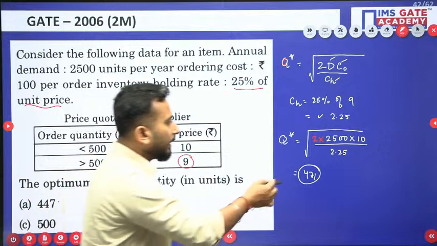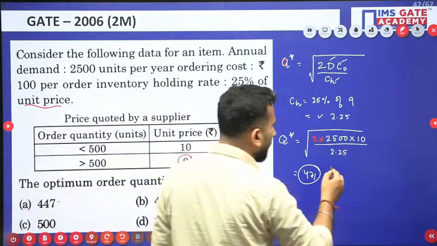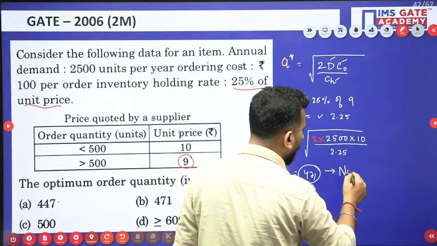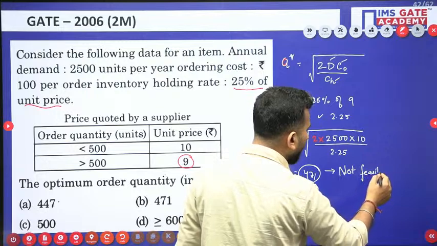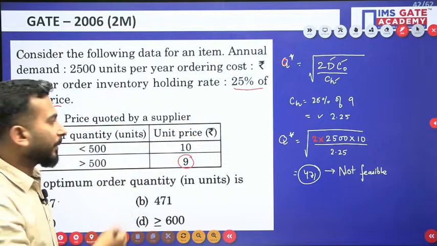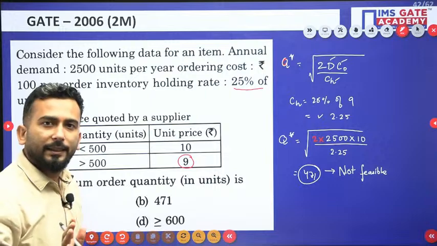So what you have to do? You have to move up. This is not feasible. So you will move to the upper unit price, that is your unit price of 10. Again you will see the same thing.